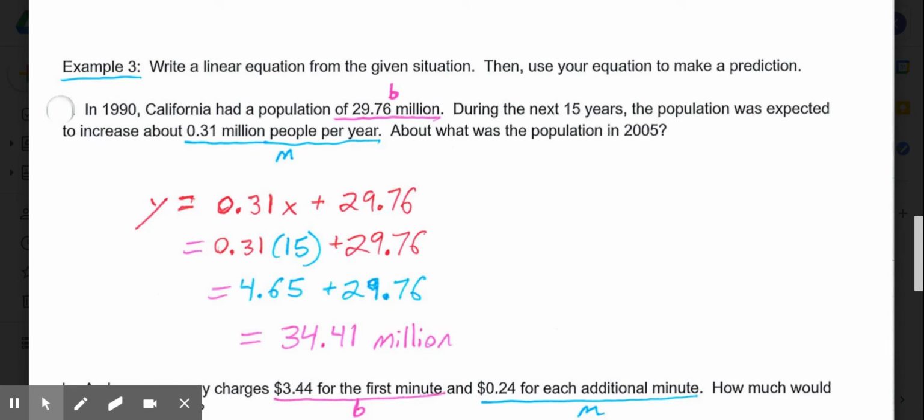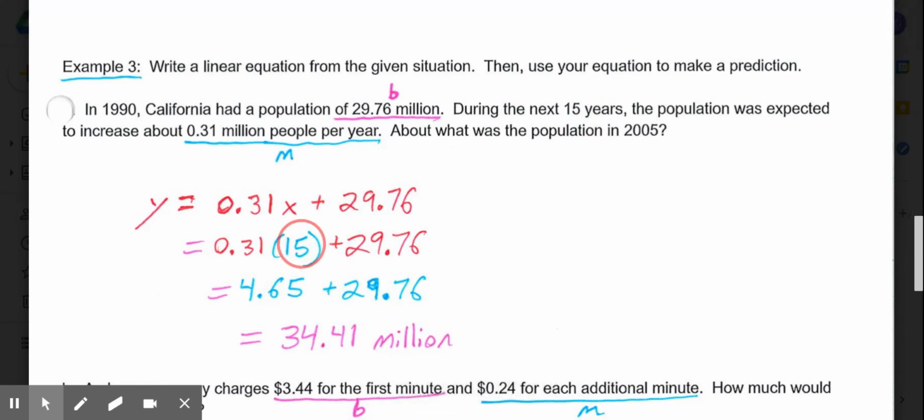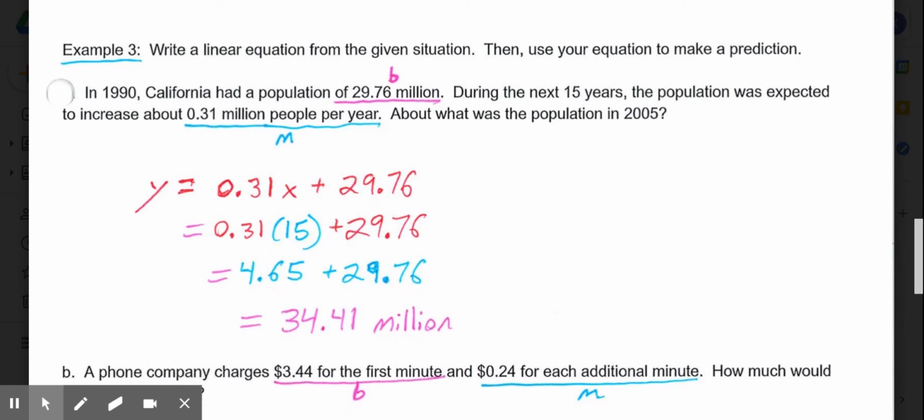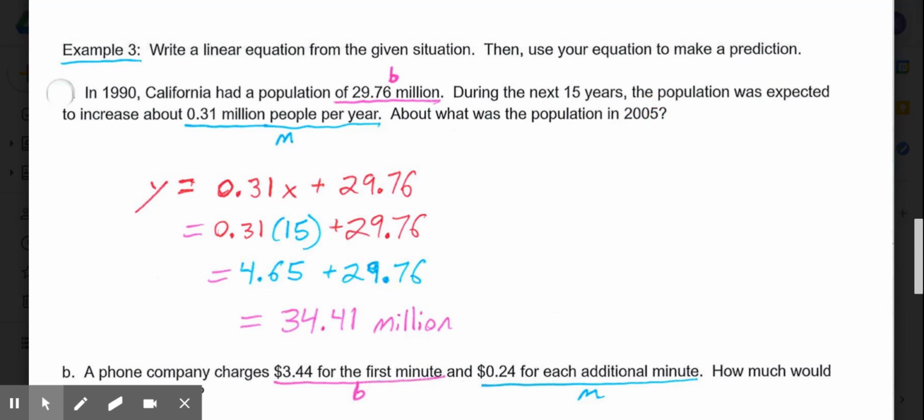Then, over the next 15 years, we're going to predict what would be the total population in 2005. So we'll be putting the 15 in for x. 15 times 0.31 is 4.65, plus the 29.76 tells us the approximate population in 2005 would be 34.41 million people.